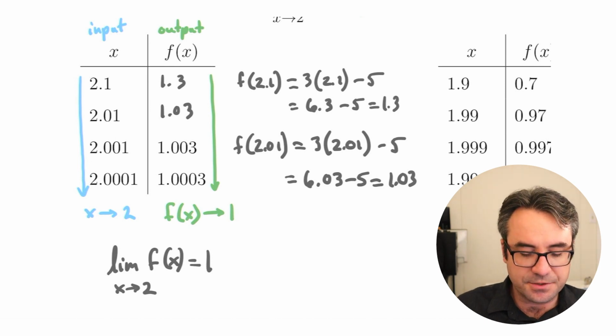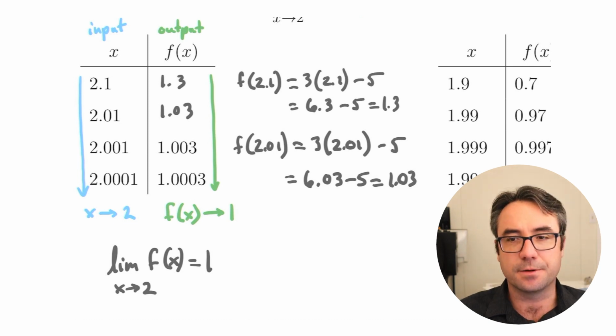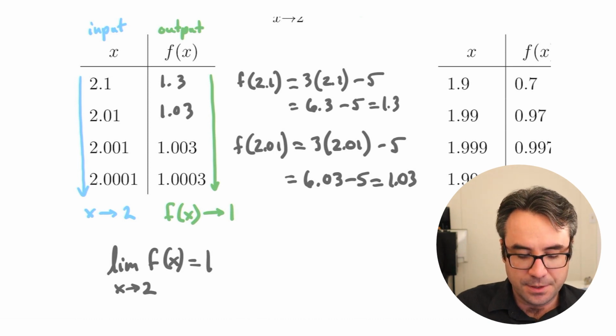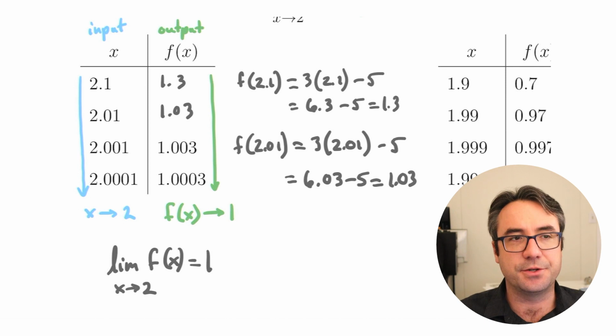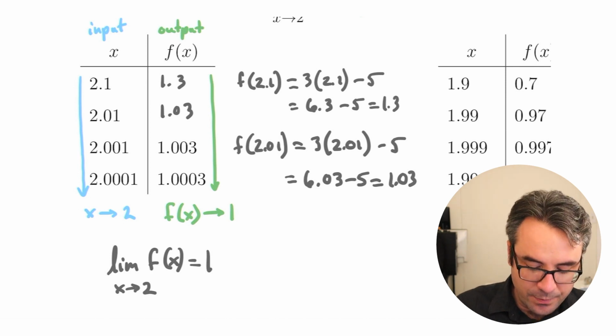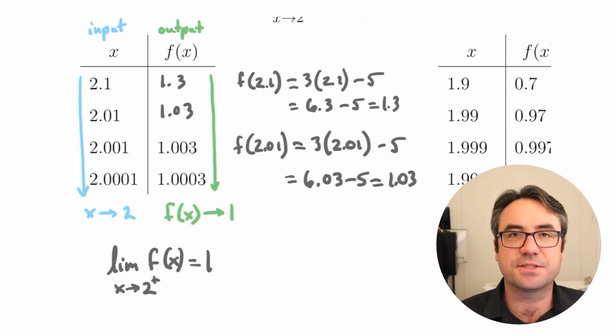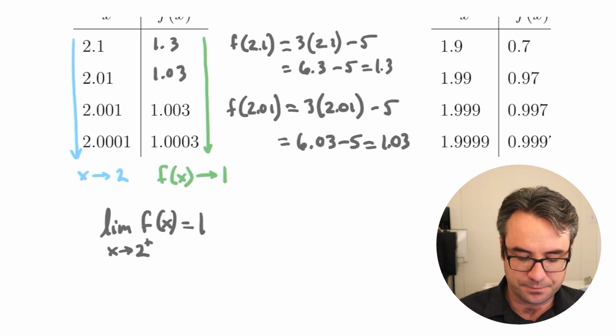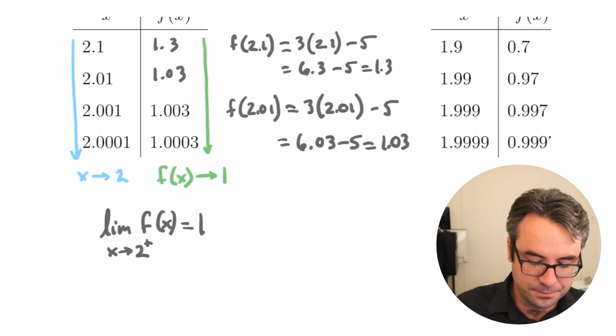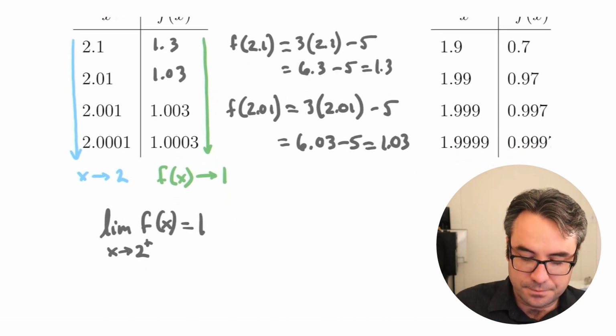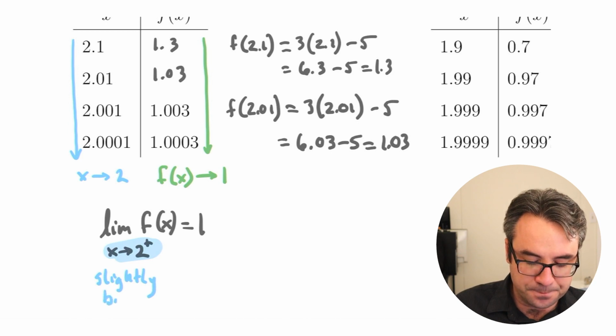all of these x values are slightly bigger. So these are all slightly bigger than 2. So the way we can indicate that is with a little plus sign on the 2. So the x values that we're using are slightly bigger.